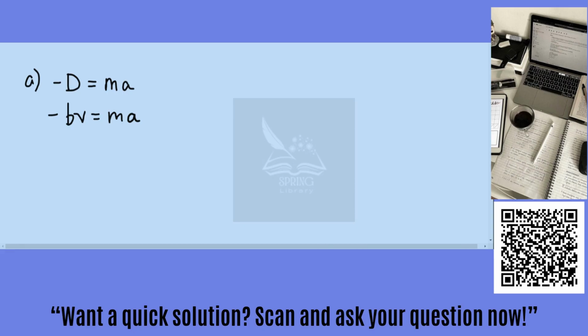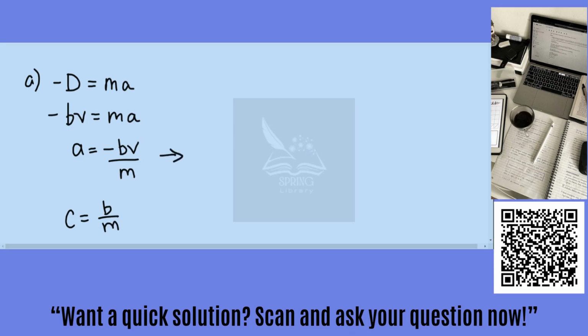So what I'm going to do is solve this for A. And we're just going to define a constant C. So C will be equal to B over M.